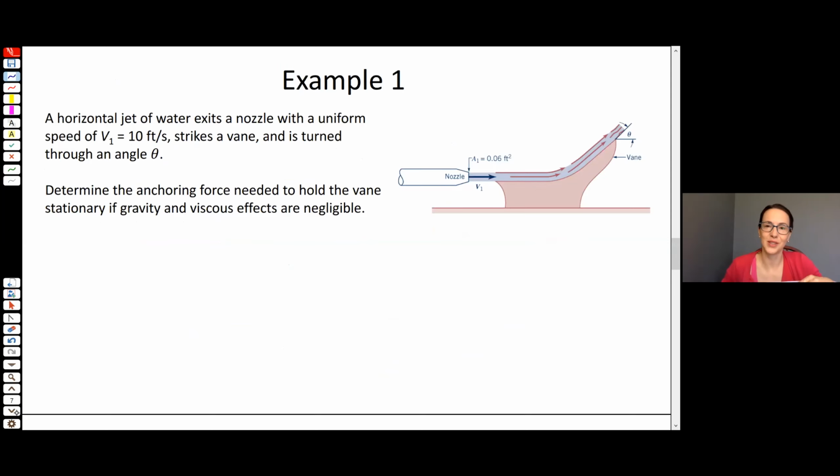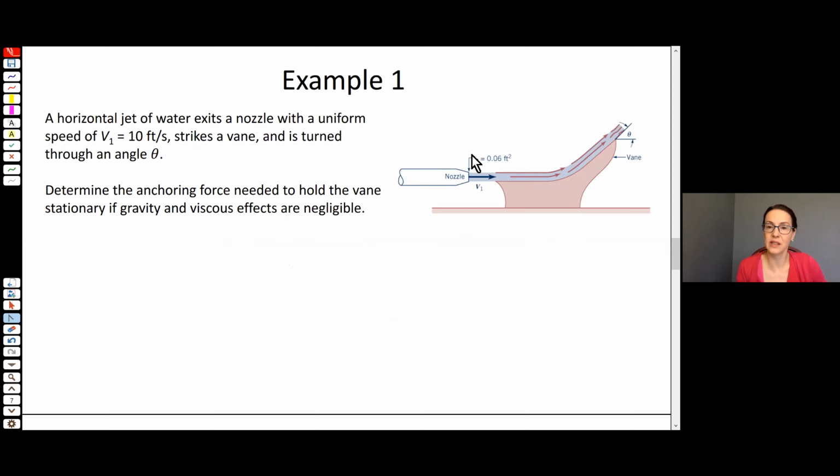That said, you need to choose your control volume wisely, right? So we have lots of choices here. If you're brand new to this, you probably think, well, I have no idea where to draw my control volume. Maybe I'll enclose just the fluid in the control volume, right?